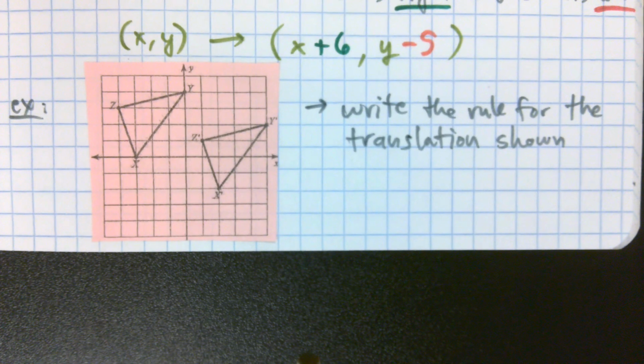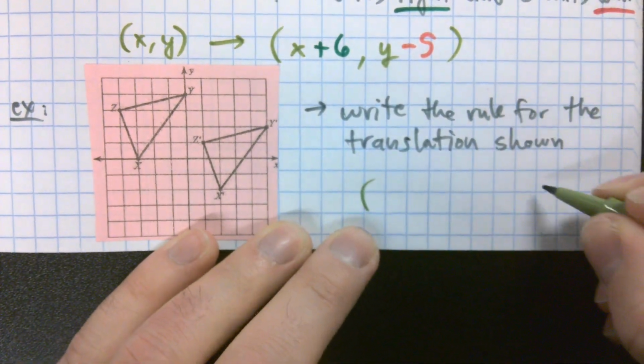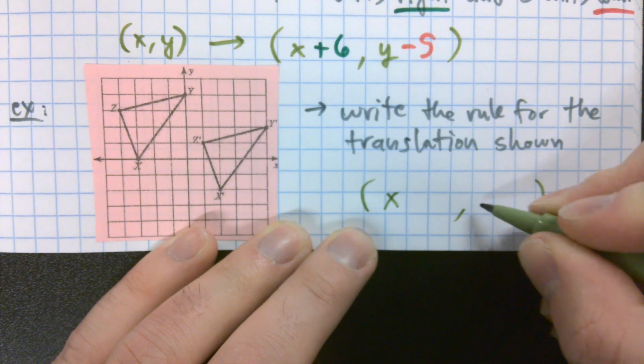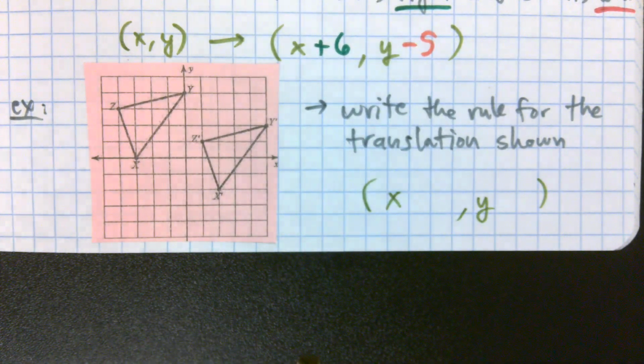So I know I'm going to have x plus or minus something, comma, y plus or minus something. Give you guys a moment to catch up to that, and then we'll talk this through.